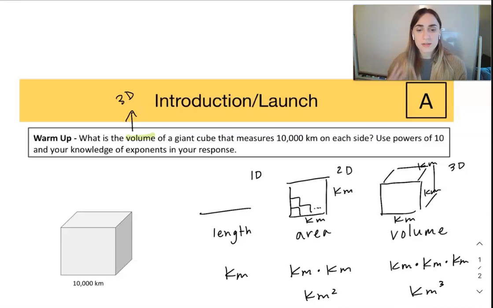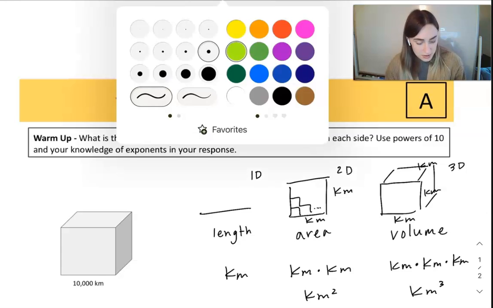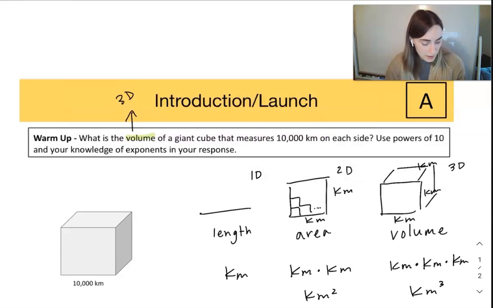So far we've done some thinking about what volume really means and understanding the first part of this problem. But we have not yet used our knowledge of exponents or powers of 10 in our answer.